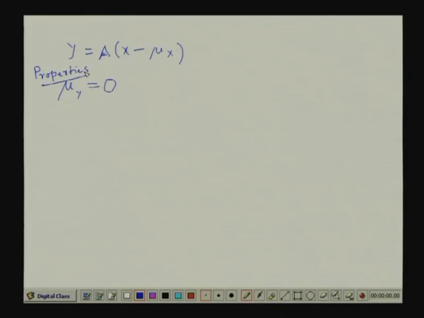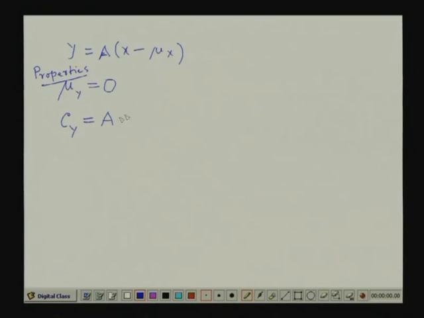So, these are the properties of the vector y that is obtained. The first property is the mean of vectors y, mu y, equal to 0. Similarly, the covariance matrix of y, given by Cy, is also obtained from Cx, the covariance matrix of x, and the transformation matrix A that we have generated.